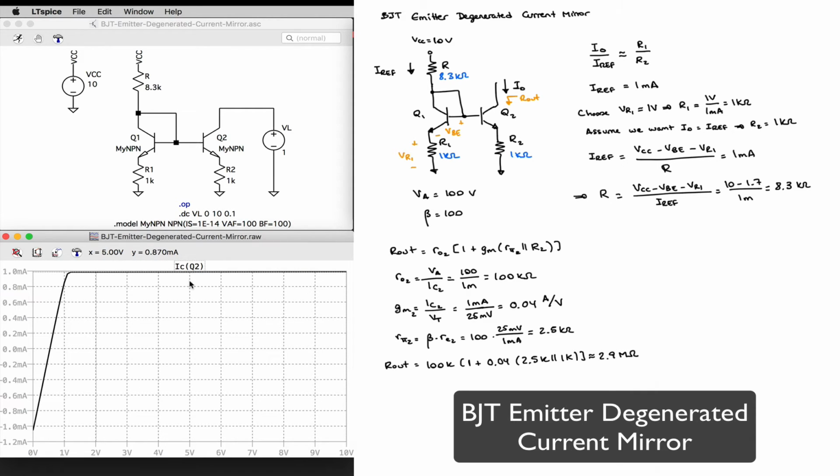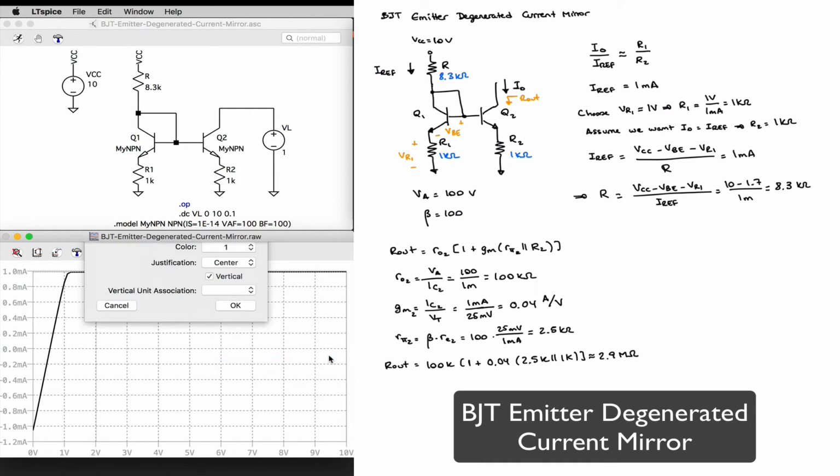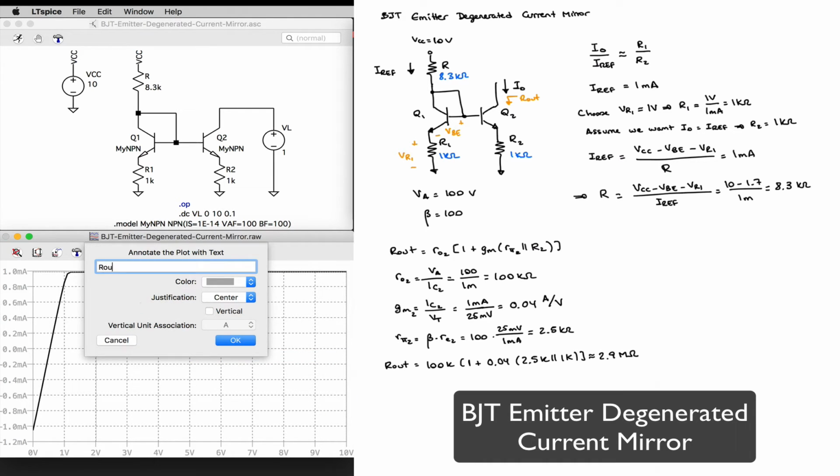If we do the calculation, we can write our output resistance in this case as being equal to 1 over the slope, or 1 over 4.04 e to the -7, which gives me around 2.5 mega ohms.